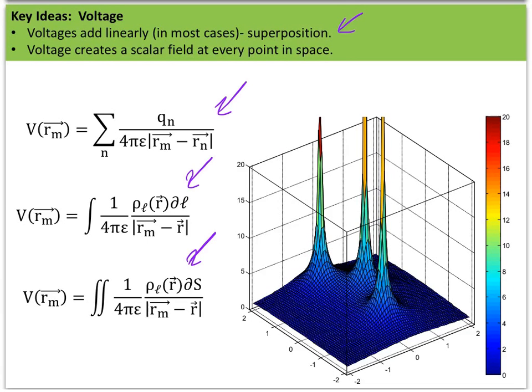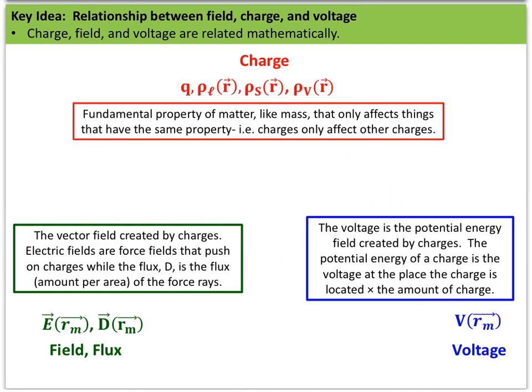The reason this is important is instead of having a vector in the numerator and a vector quantity cubed in the denominator, this is a much simpler integral to do, so it helps many times to calculate the potential rather than the electric field from a distribution of charges. And these three quantities, the charge, the electric field, or as we'll soon talk about, the electric flux, and the potential energy created by charges, the voltage, define our trifecta of electricity, if you will.